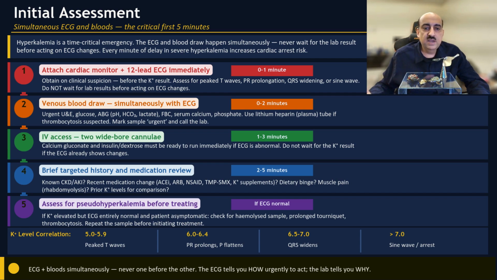So if something doesn't add up and the patient looks fine, no ECG changes, then you do not have to rush towards treating spurious hyperkalemia. In that case, you have time and you can urgently repeat the VBG and get the reconfirmation. So again, you have to act based on your local protocols and guidelines, but considering pseudohyperkalemia before treating an asymptomatic patient, especially in the absence of any ECG changes, is really important.